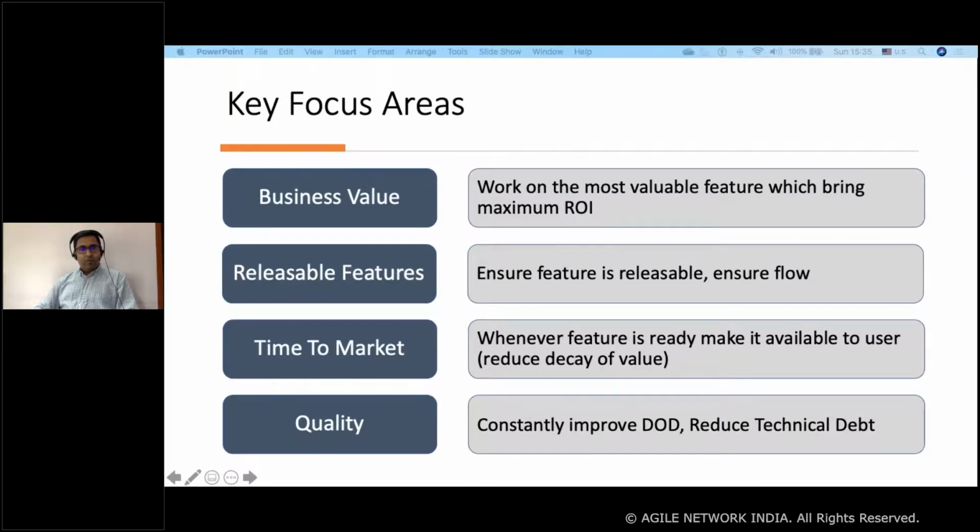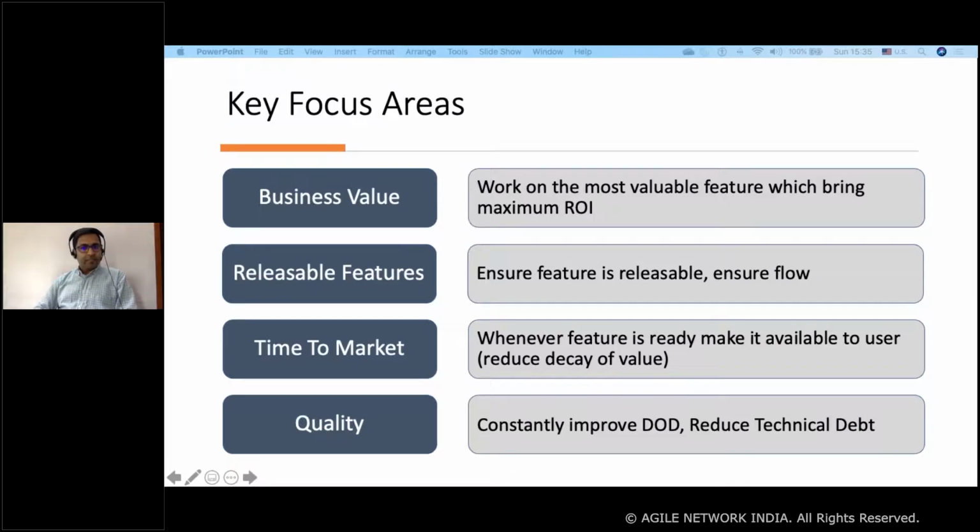The longer we hold the finished products, the more the value decays. If you are accumulating, then it's a waste. The whole point of adopting agility is lost. So time to market, keep it low, keep it short. The batch size should be small, it should be releasable, it should reach the user.